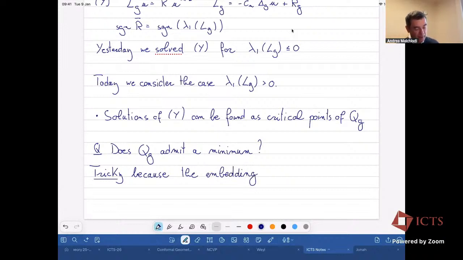So the embedding W^{1,2} of M into L^{2*} of M. This is the maximal value p for which the Sobolev space W^{1,2} embeds in L^p. But this embedding is continuous, but not compact.